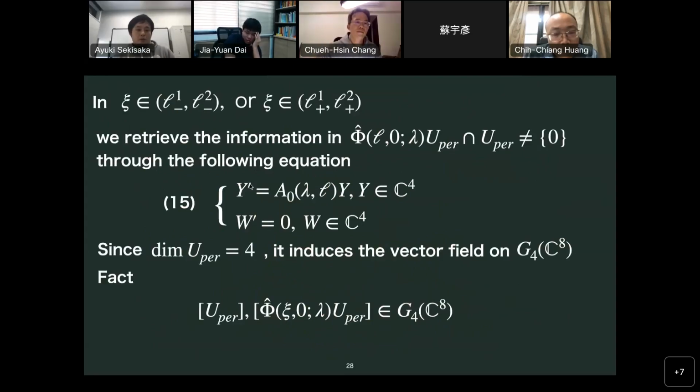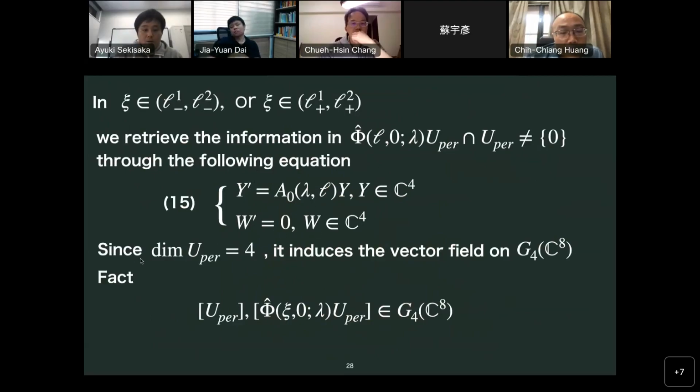Okay, so we consider the vector field in the Cauchy in L1 and L2, L plus minus 1 and L plus minus 2. So we retrieve the information in such intersection problems through the following equations, the extended system.